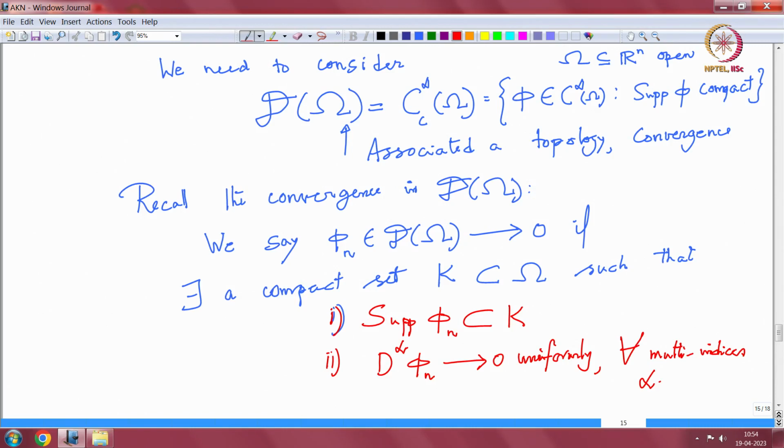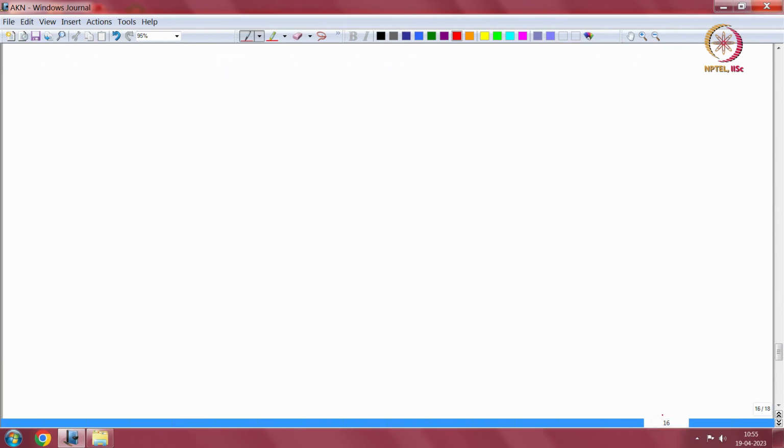You can see various references, probably some of them K7, Rudin. There are many; anyway, we will be giving a list of references. There are many books if you want to study this convergence. Okay. All right. So, we will go to the next page.